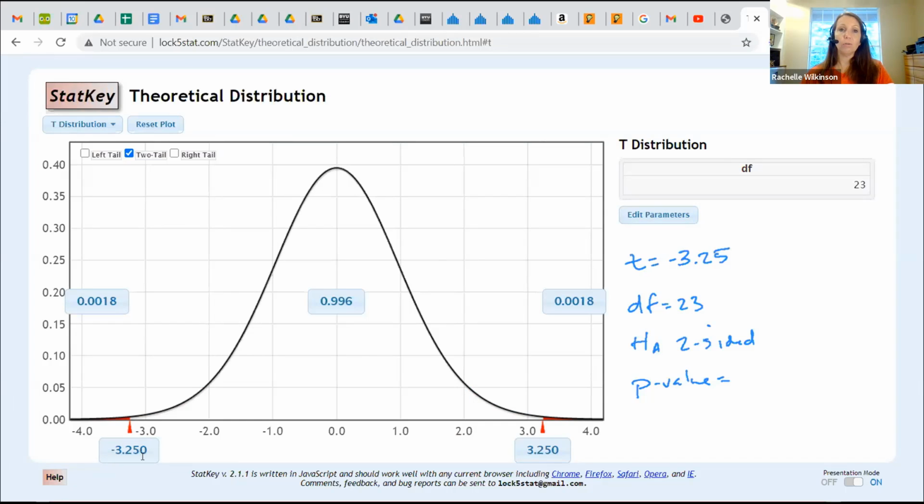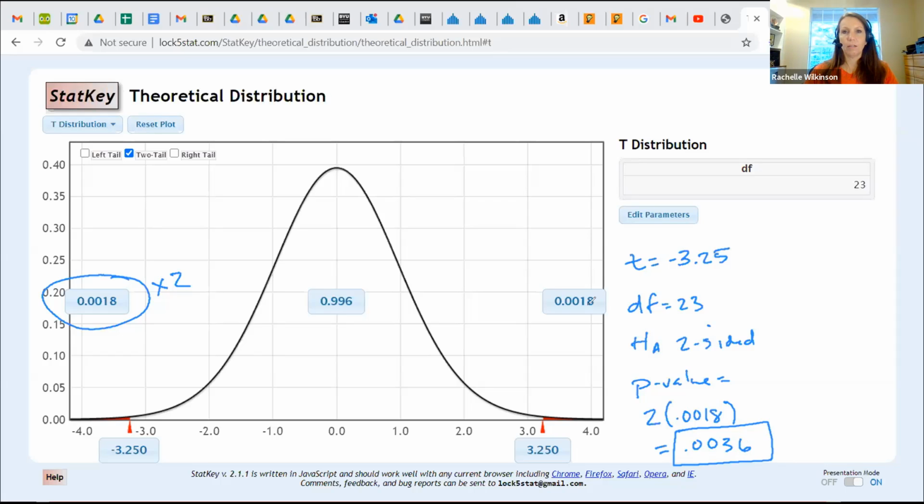And this is a two-sided test. So when I'm finding the p-value, then I need to double the floating box, or I'm essentially adding those two floating boxes together. So the p-value is going to be 2 times 0.0018, which is going to be 0.0036.